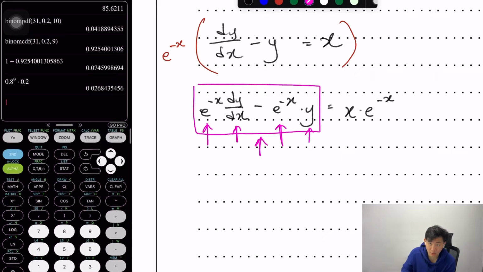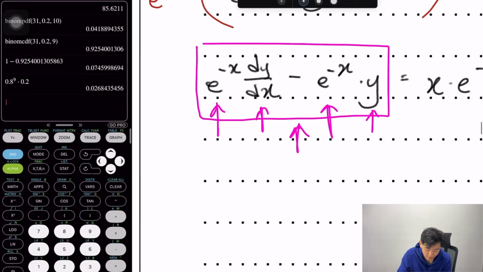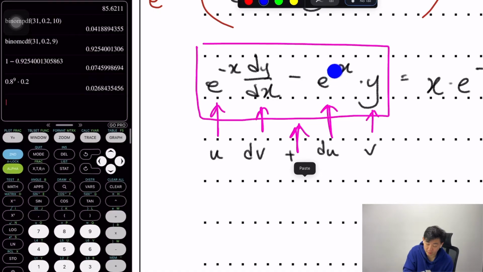If you recognize this, it's the u dv plus v du. This is du, this is the v. The du is because of the negative x. Okay, you can recognize it, right?